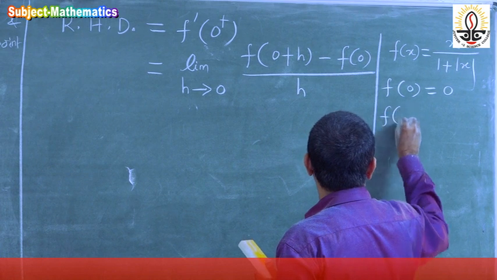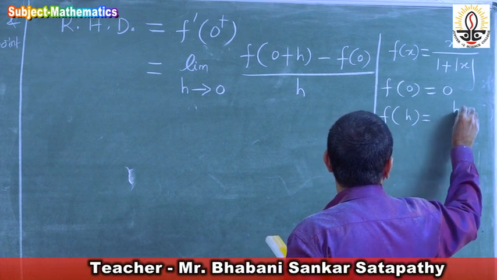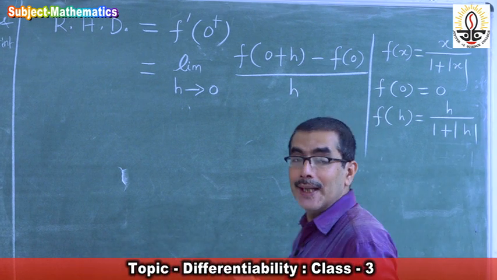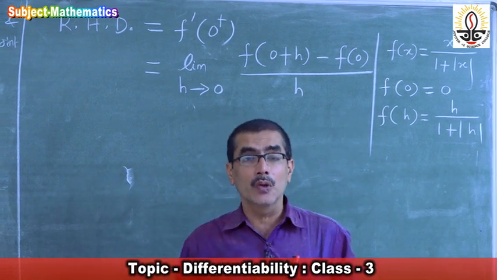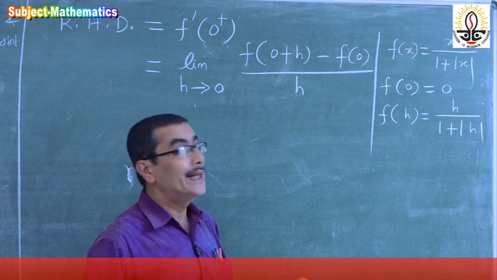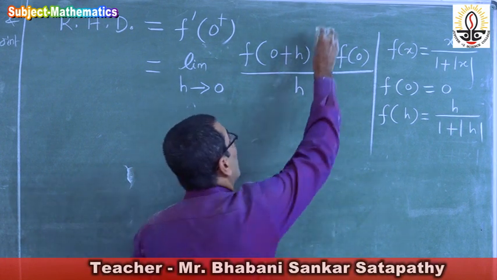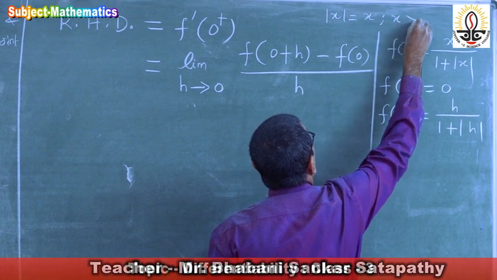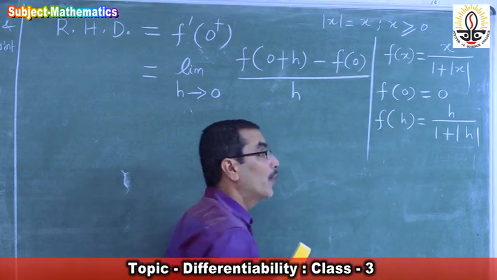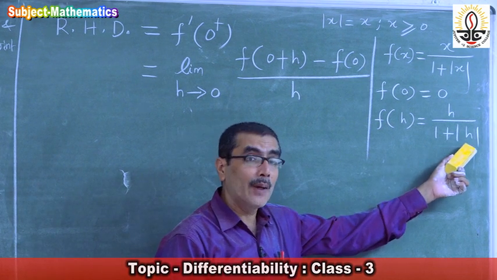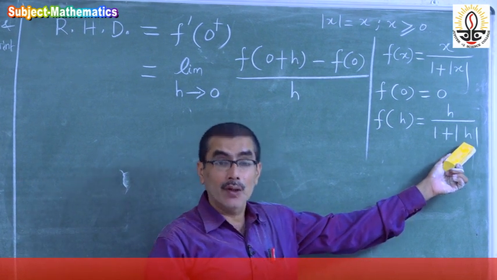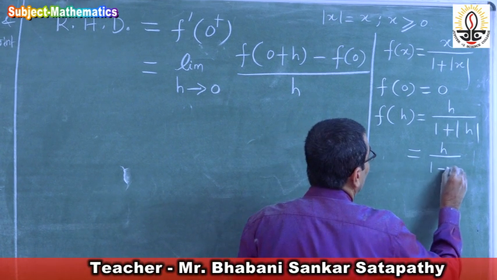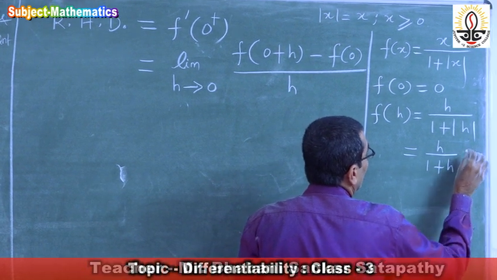What is f of h? It is h divided by 1 plus modulus of h. You know the definition of the modulus function: modulus of x is equal to x if x is greater than or equal to 0. Then what will be modulus of h? Since h is greater than 0, this value becomes h by 1 plus h.